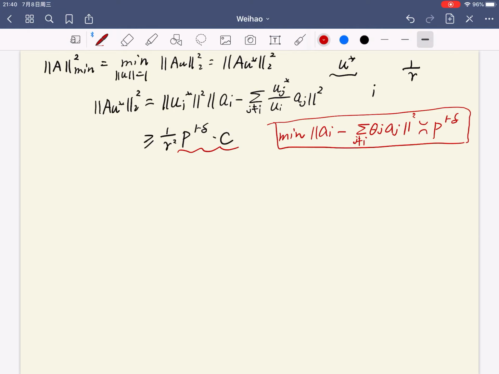we have shown that this is big O of... Up to now, we got the following result.